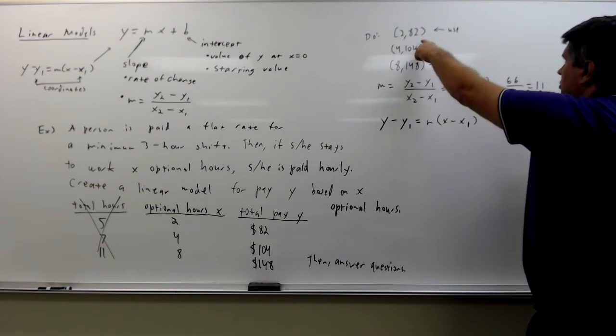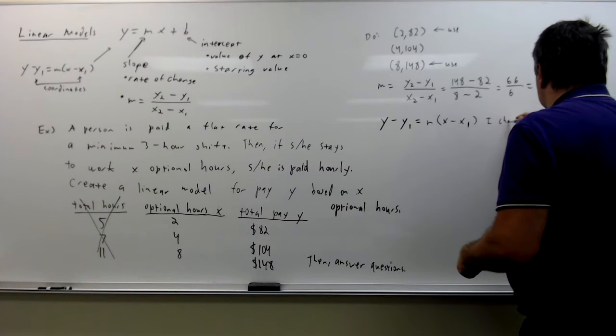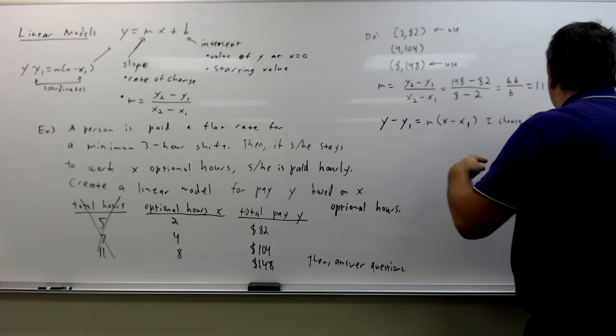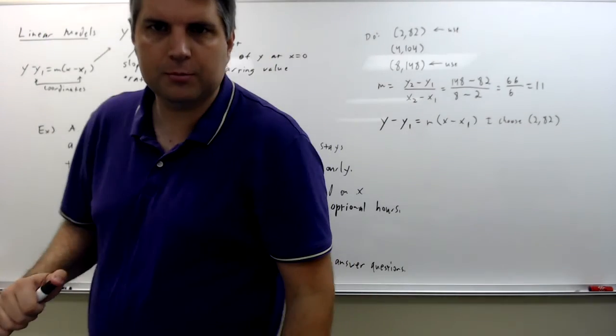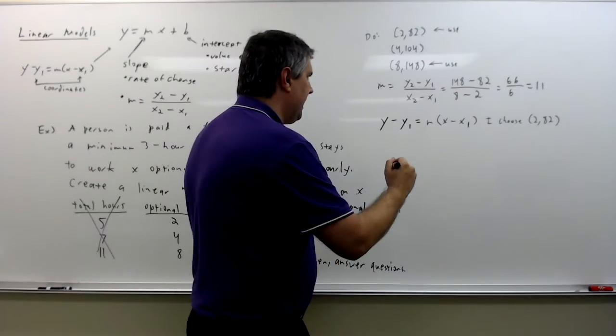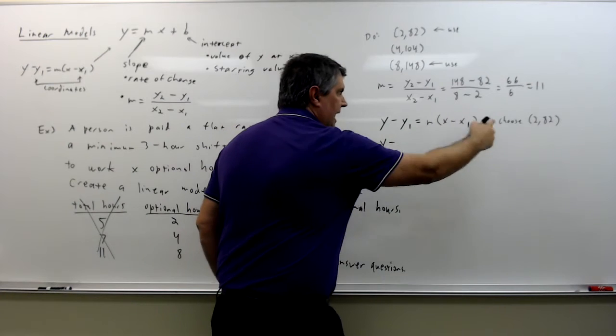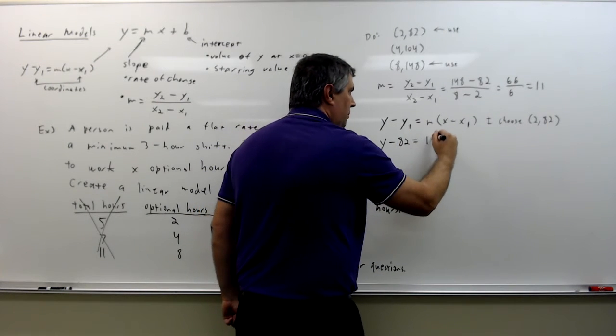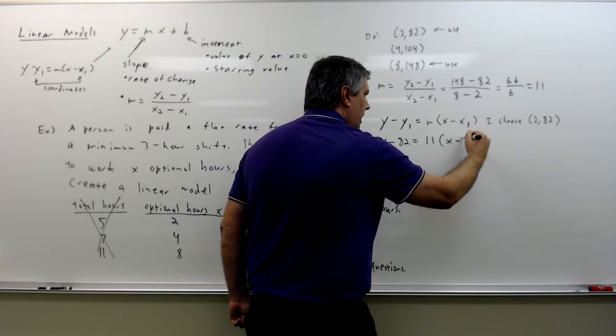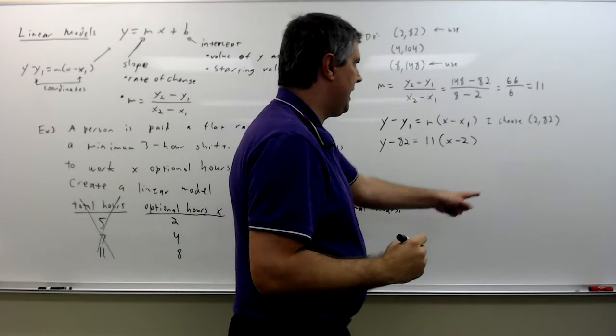And I choose (2, 82). So that'd be y minus 82, that's the y coordinate in this context, equals the slope 11 times x minus 2, the x coordinate.